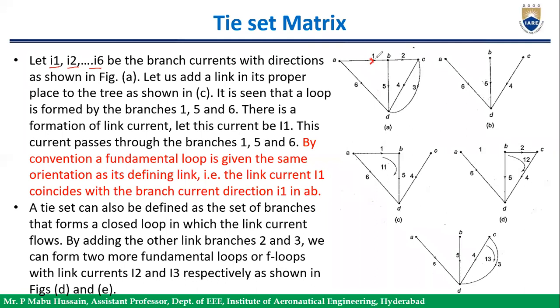Current flowing through branch 1 is I1, through branch 2 is I2, through branch 3 is I3, through branch 4 is I4, branch 5 is I5, and current in branch 6 is I6. Let us assume that I1 to I6 are the branch currents with the directions shown in the figure here.